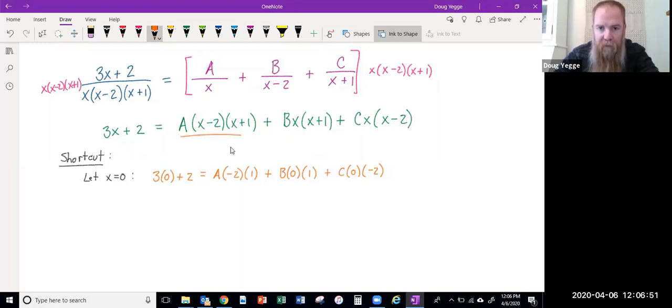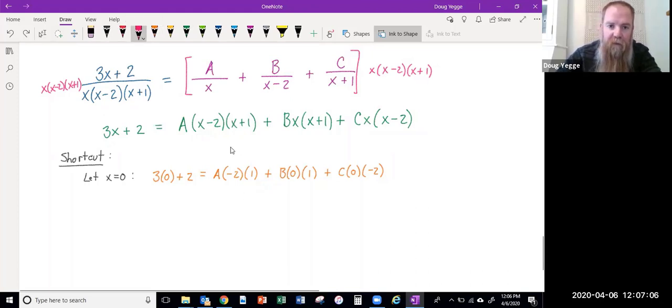Likewise, this term and this term will cancel when I plug in x equals 2. So all we're doing is plugging in certain values that are going to cancel all of these terms. All that's left on the left side here is 2, and all that's left on the right side is negative 2a. And look at how in one step, we find out that a equals negative 1.